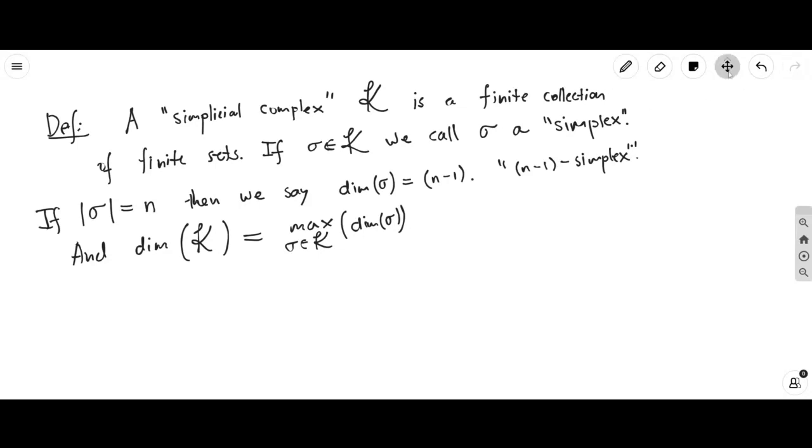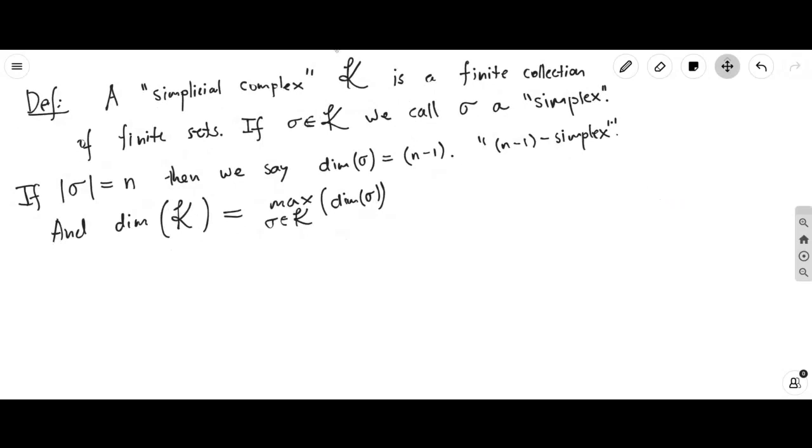So let me give you some examples. Here's the first example. A simplicial complex is equal to this. It's a set. Let's say we put in the empty set. Oh, I forgot to write down the most important property. I kind of rushed that ahead.